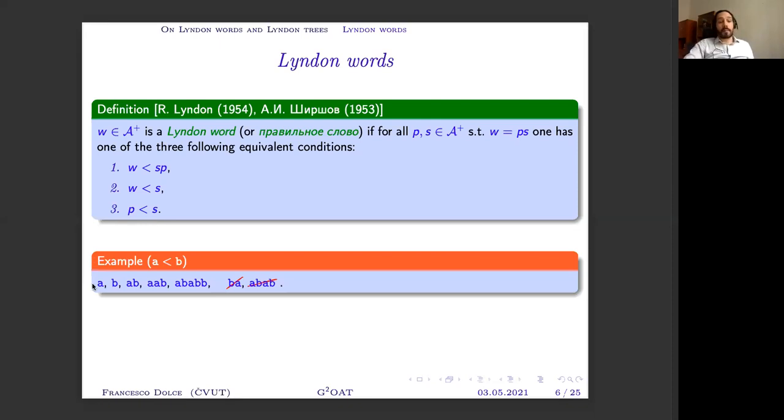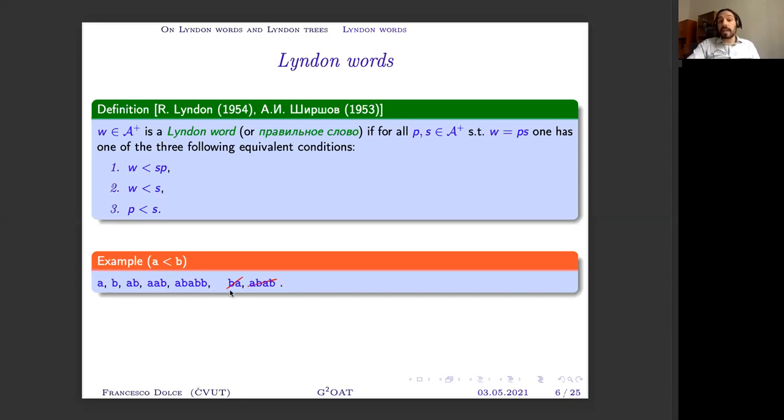Just to give some examples, every letter is of course a Lyndon word, because we only have one possible factorization. The word AB is Lyndon because the only conjugate is BA, and BA is bigger than AB. You can see that AAB also satisfies these three equivalent conditions.